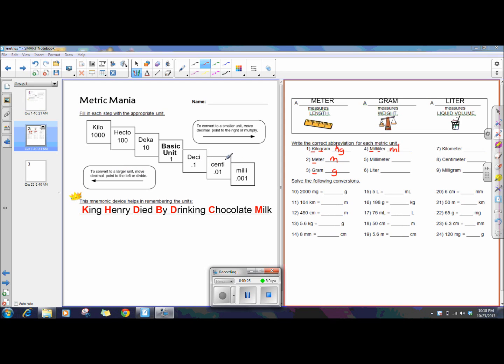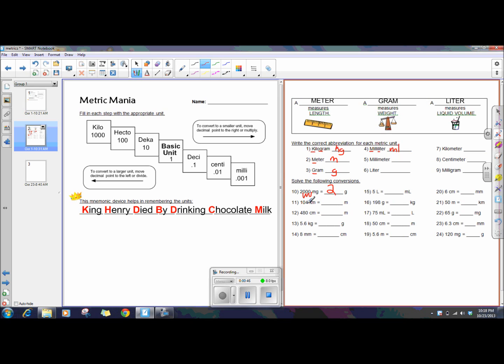I don't have a decimal point, and as you know, if there's no decimal point, it automatically starts at the very end. And I'll move it 3 places to the left, and that gives us just a total of 2 grams.